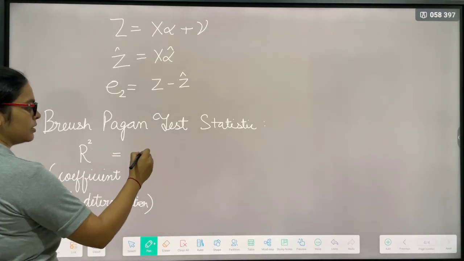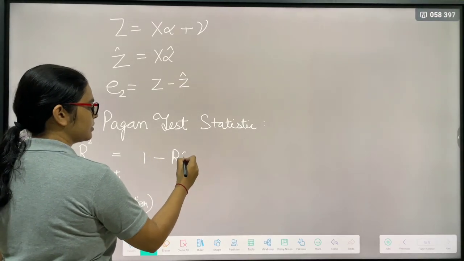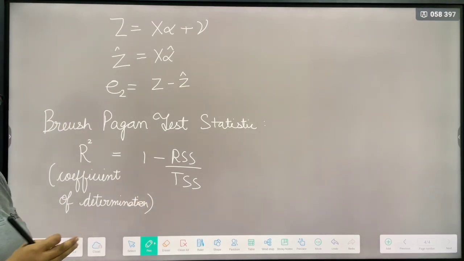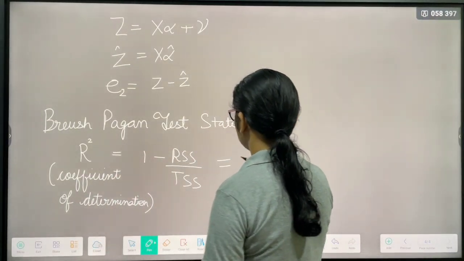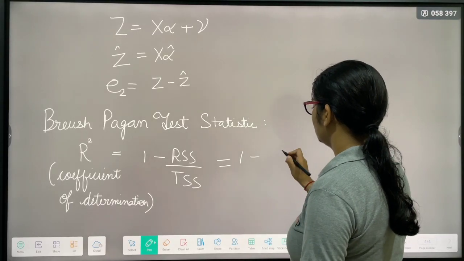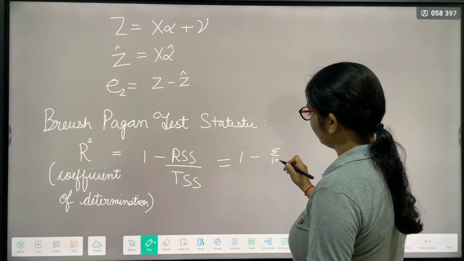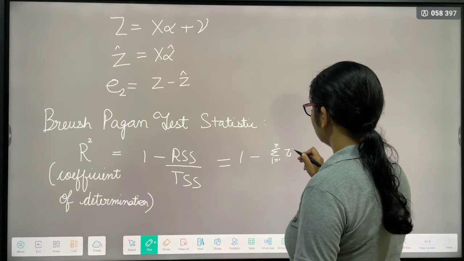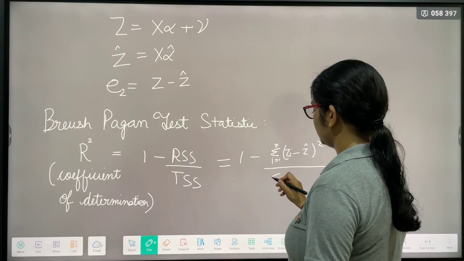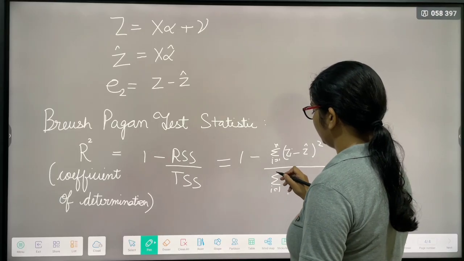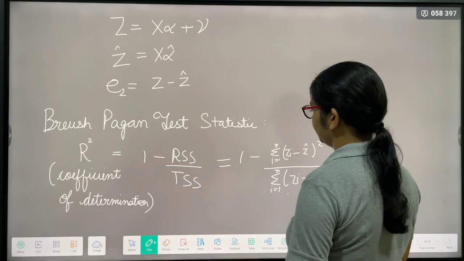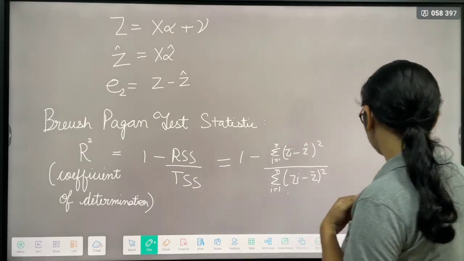The value of R square is nothing but 1 minus RSS upon TSS, where RSS is residual sum of square and TSS is total sum of square, which can again be written as 1 minus summation i goes from 1 to n (Zi minus Z cap) whole square upon summation i goes from 1 to n (Zi minus Z bar) whole square. We will get R square from this.